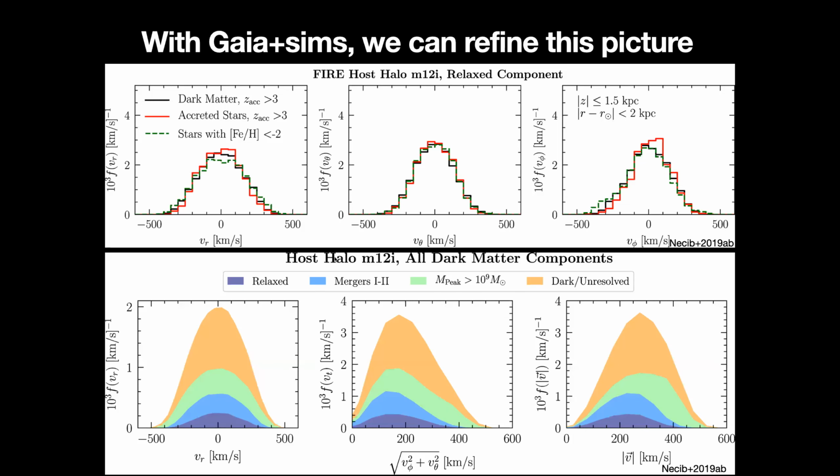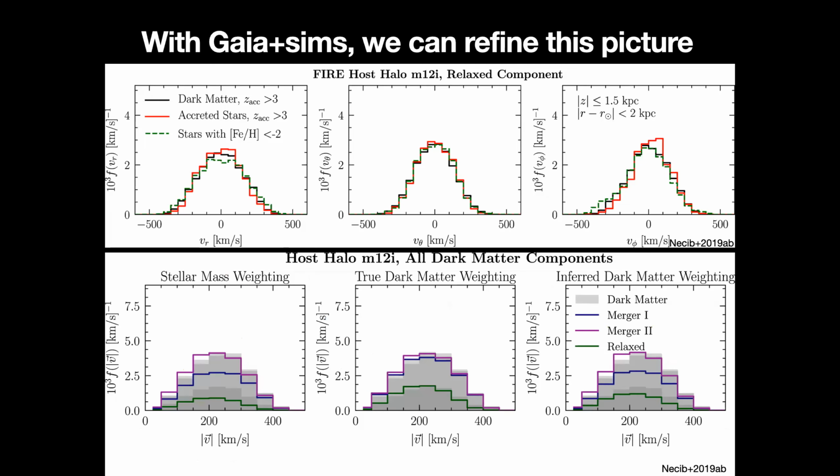But in the local dark matter distribution, you also have to account for these large mergers that brought other dark matter at slightly different distributions of velocity into the solar neighborhood. And it's a non-trivial part of the dark matter distribution.